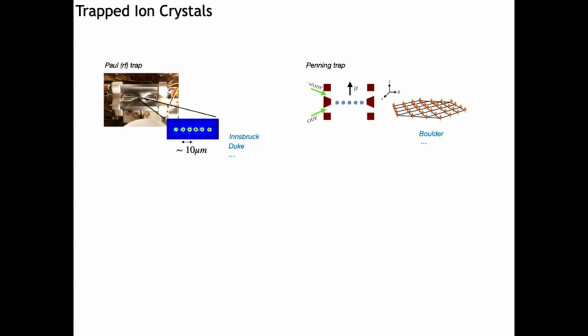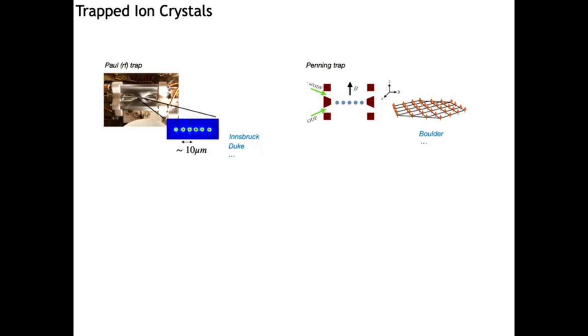This can be done by various arrangements. The most common or famous ones are the Paul trap or the Penning trap, respectively, with radio frequency fields or static fields. But basically, the point is that we can trap charged particles in these electromagnetic traps, and once we cool them down, they form essentially in their ground state a regular crystal.